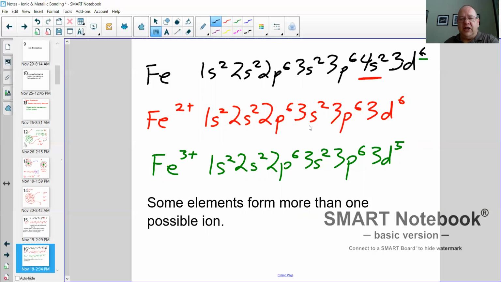And it turns out, in iron's case, that the Fe3 plus is actually the more common ion. So if I just have a piece of iron, a nail or something, that's neutral iron, and that would have this configuration. But then in compounds, sometimes iron gives up 2 electrons, or sometimes it gives up 3 electrons.